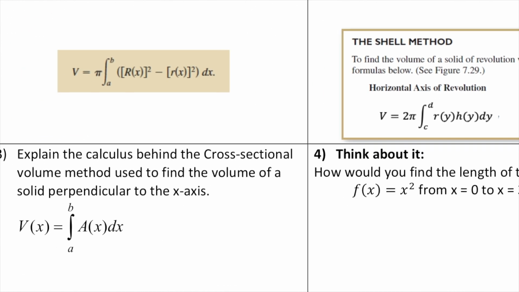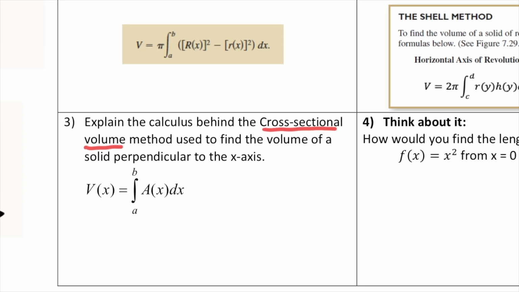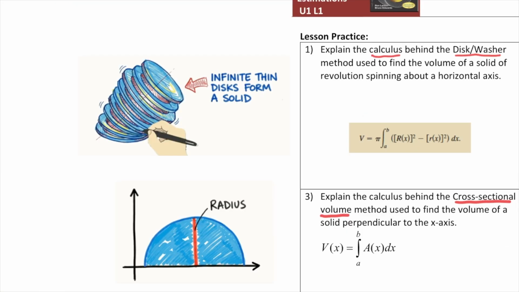Your third objective is to explain the calculus behind cross-sectional volume. Now, all three of these concepts are ones that you have had practice with in your last course, but did you understand where the formulas come from? That is our goal today, to understand the formulas and where they come from. So go ahead and explain these three concepts. Afterwards, you can continue with the video.